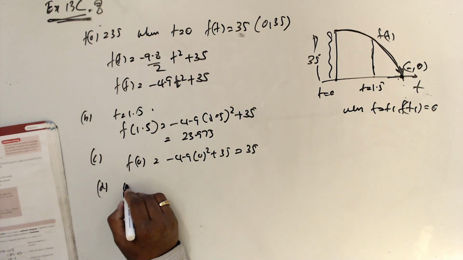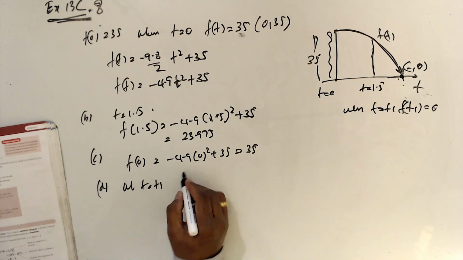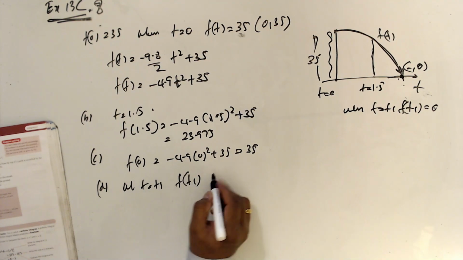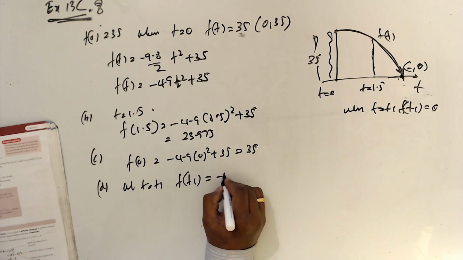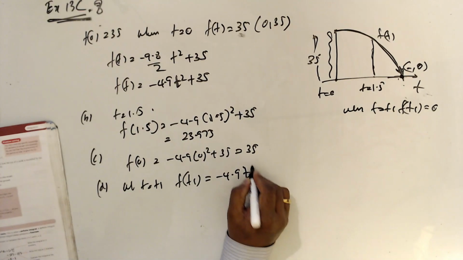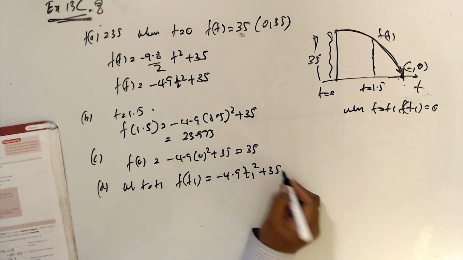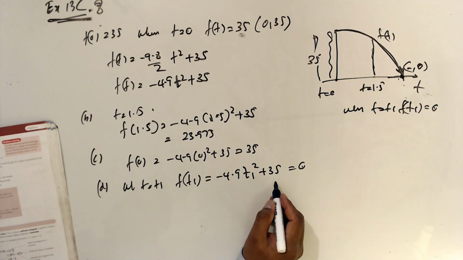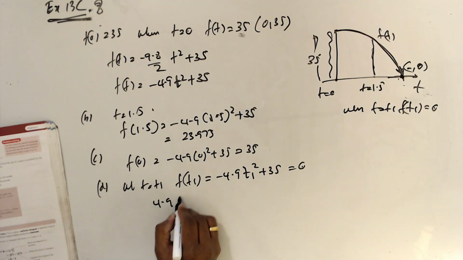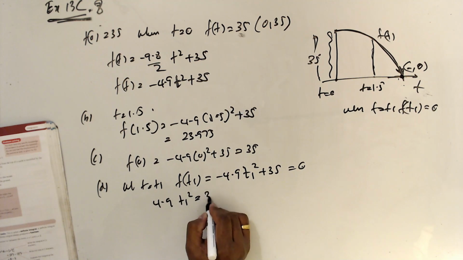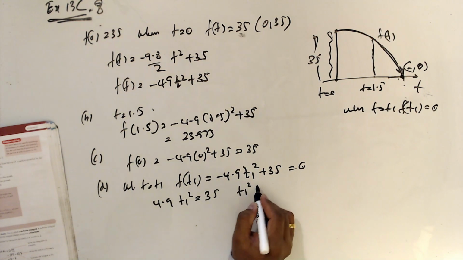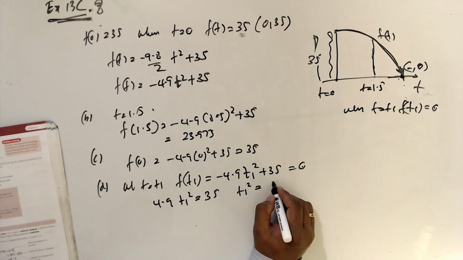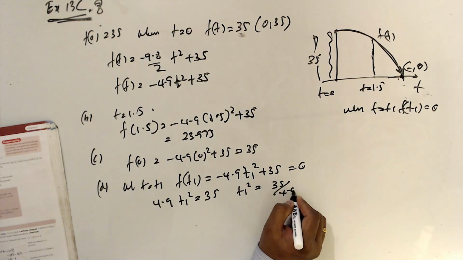So at t equals t1, f(t1) equals minus 4.9 t1 square plus 35, and this equals 0. Now we want to solve this equation. 4.9 t1 square equals 35. t1 square equals 35 over 4.9.